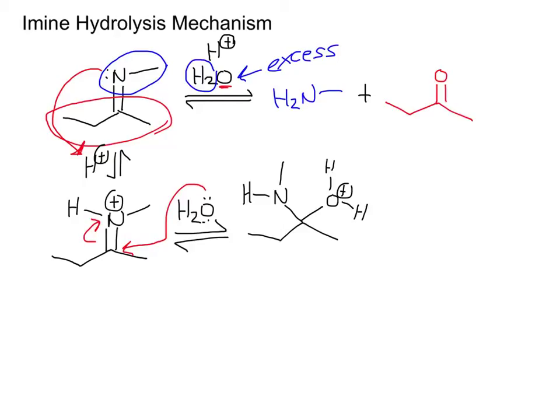From here we can do a proton transfer to transfer the hydrogen to the nitrogen, which is going to be our leaving group. So we end up with the OH, N-methyl, and two hydrogens on the nitrogen.